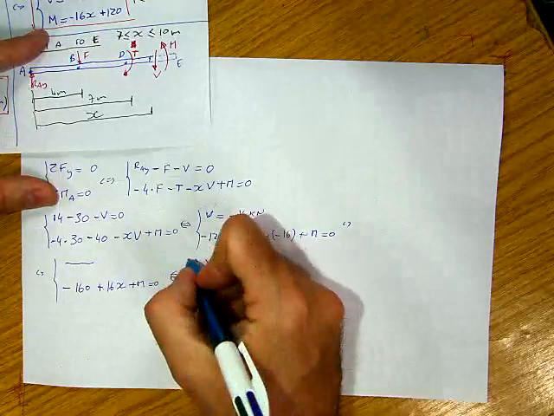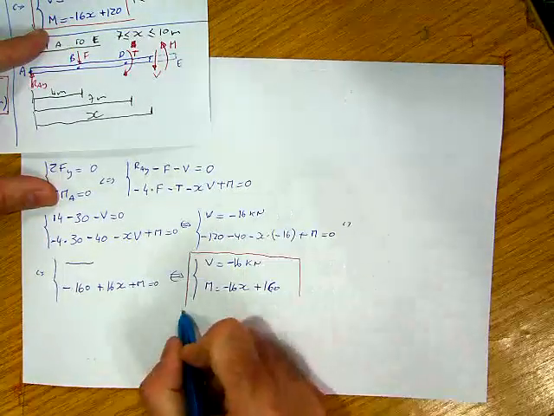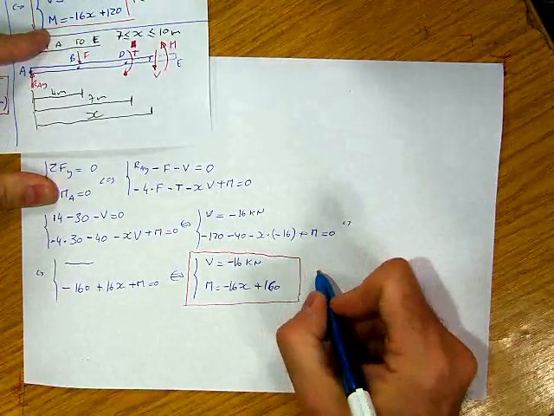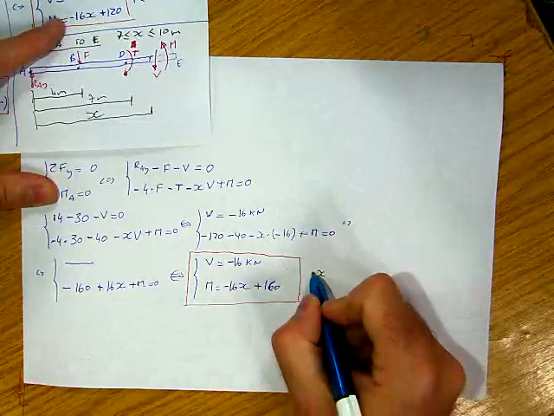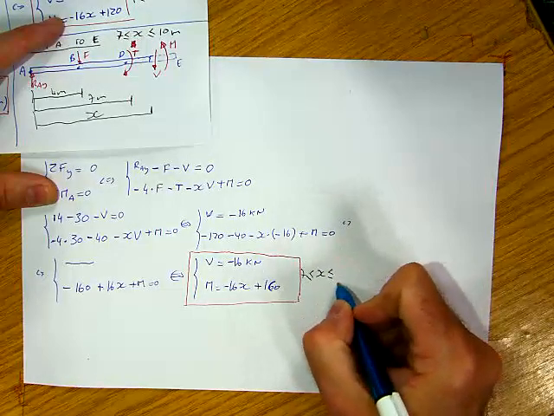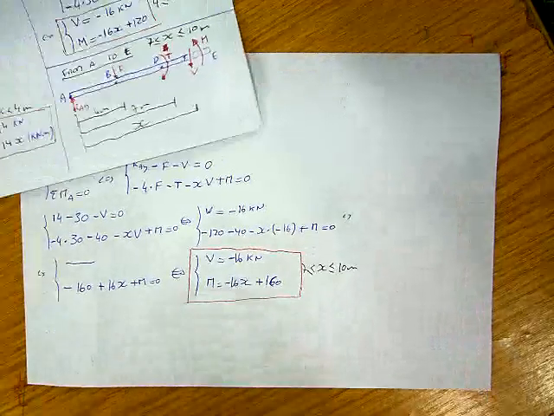That's my final result. And this is my equation for x greater or equal than 7, smaller or equal than 10 meter. Right, and I finished.